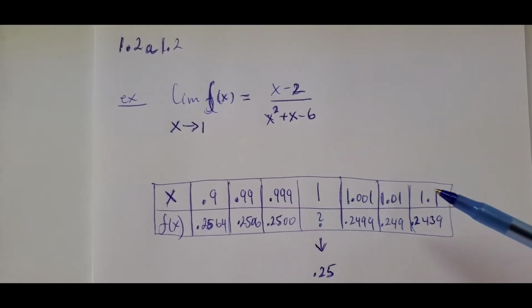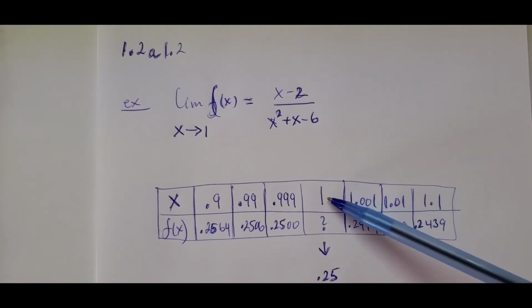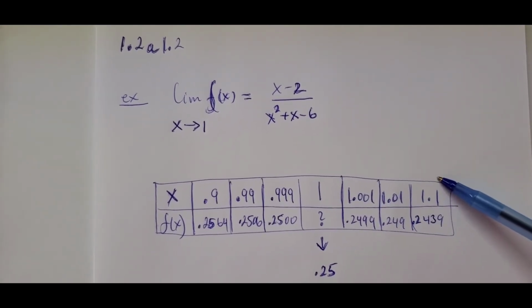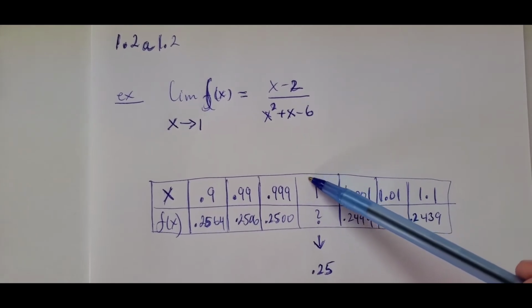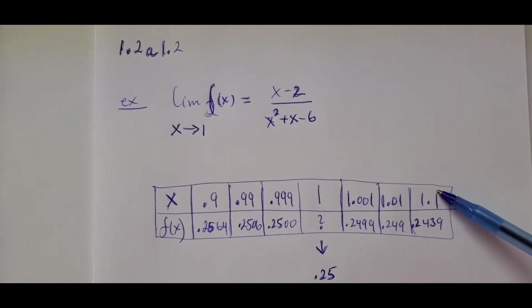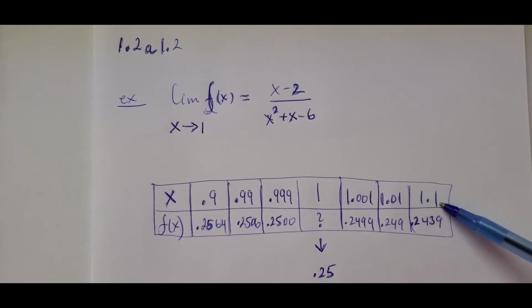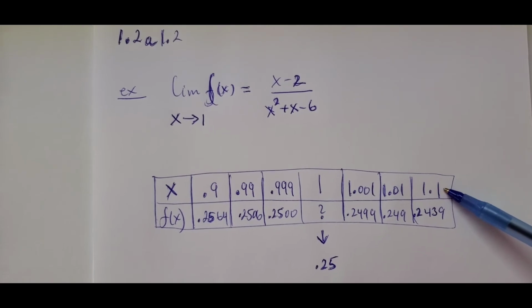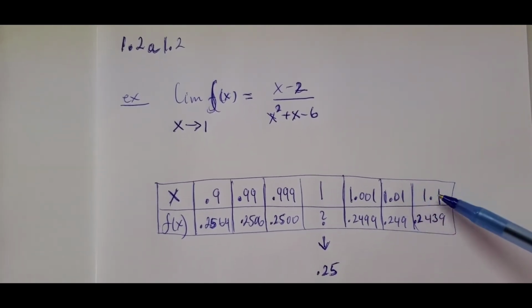Same thing on the right-hand side. What is above 1? Starting from the far right-hand side, above 1 is 1.1. And then the next, go down.